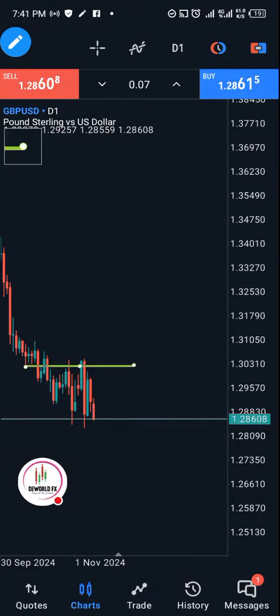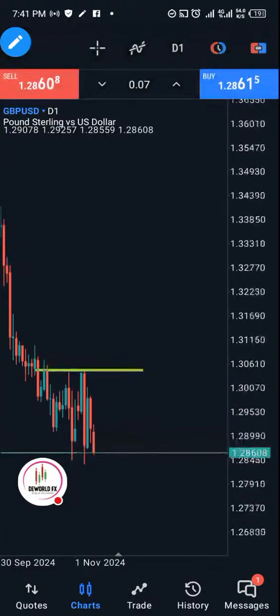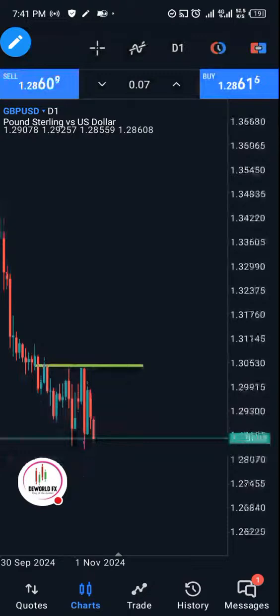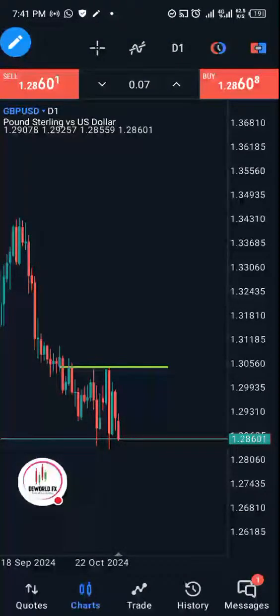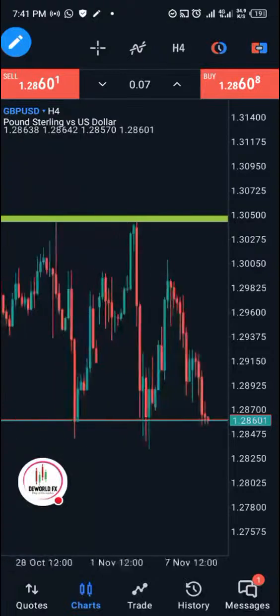That's an interesting zone. We have a very interesting zone there. So I go to the H4.